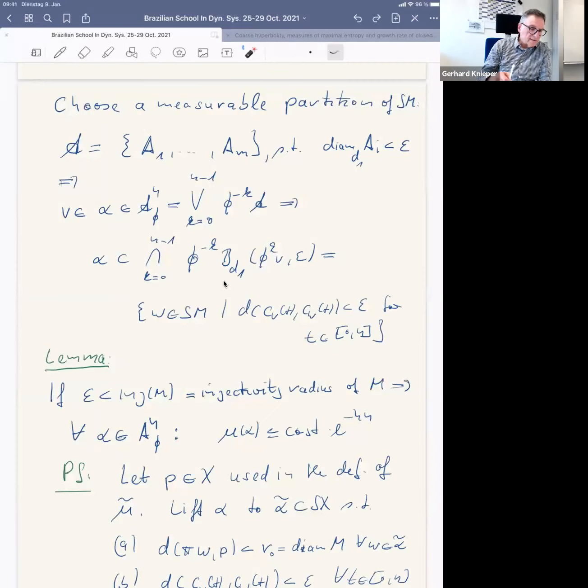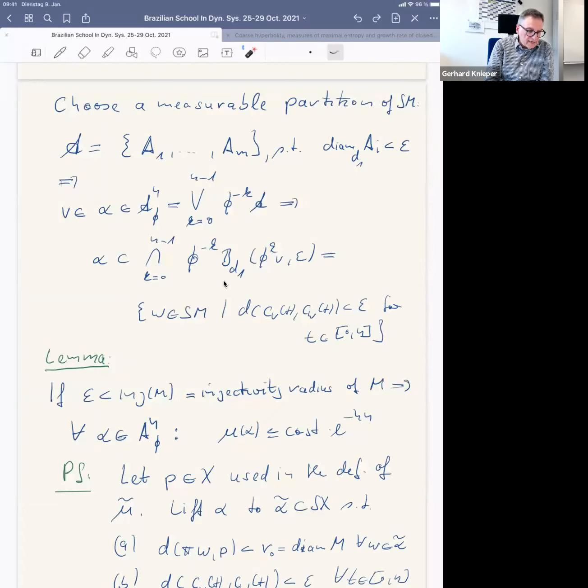I think we are all experts on this kind of stuff, so I have this usual standard notation. You look at the nth iterate of this partition A under the geodesic flow, and then you get a new refined partition.